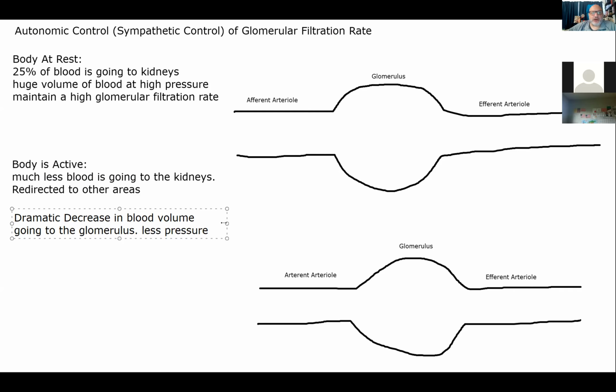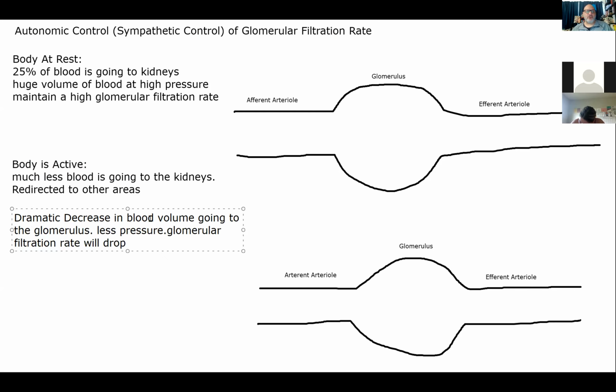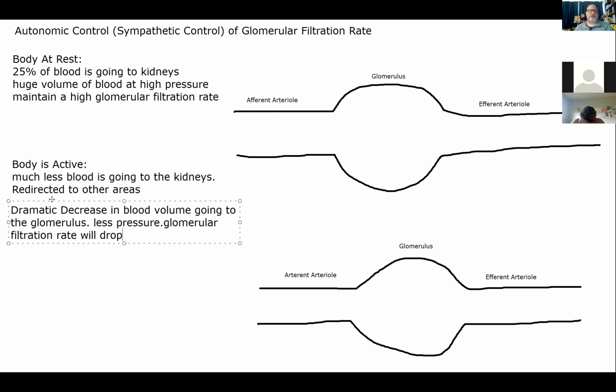So there's going to be less pressure, and the problem with that is that our glomerular filtration rate will drop. And that's a problem. We don't want our glomerular filtration rate to drop every time we stand up and walk around. We don't want to have to be sitting still all the time just so that we can make sure we're filtering our blood.